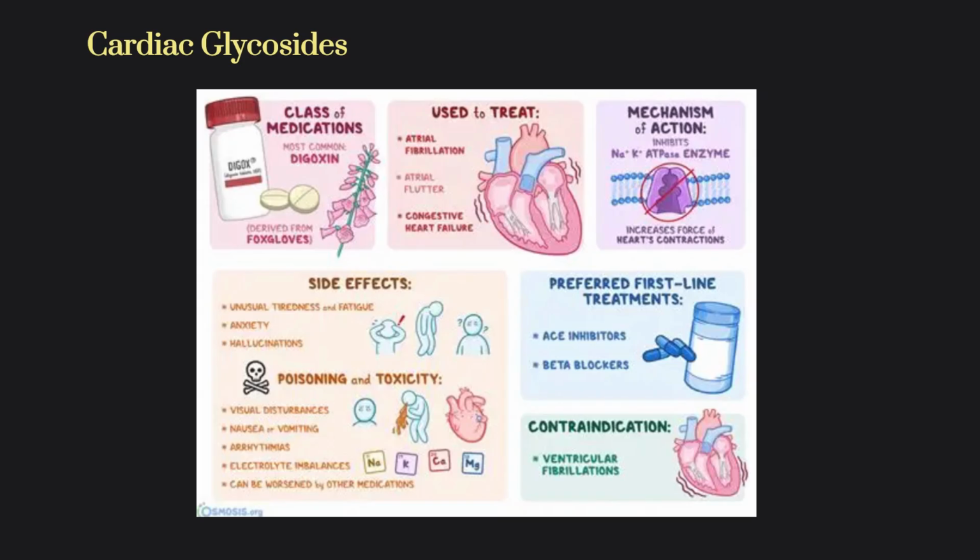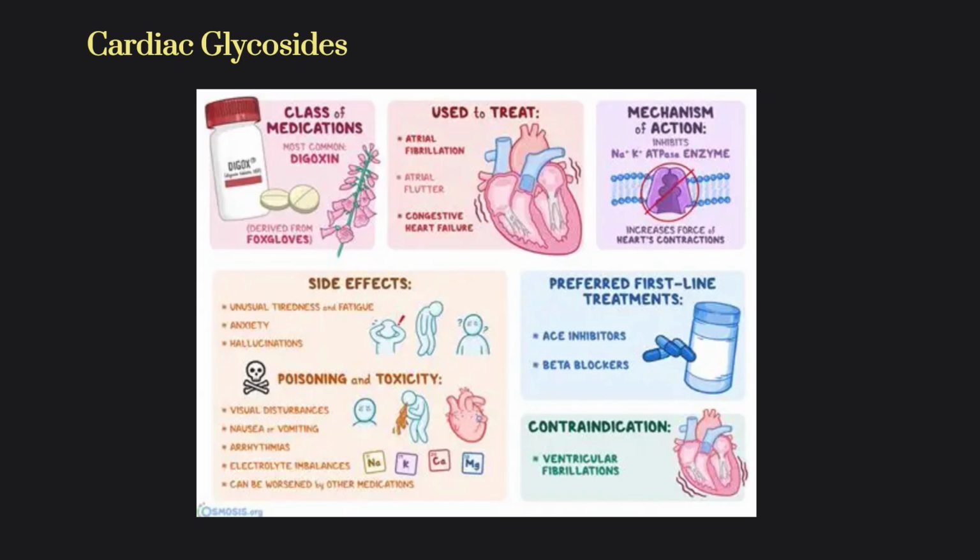So for heart failure, I just want to point out this is not the first line treatment. Okay, this is when ACE inhibitors or other things that affect the RAS, and beta blockers, didn't help. Okay, so this is later on to treat heart failure. These are contraindicated in ventricular fibrillation.